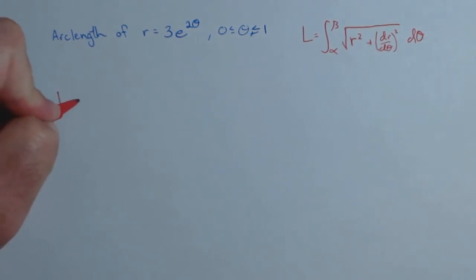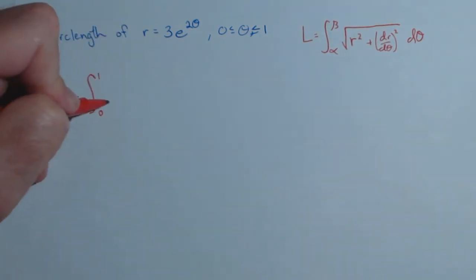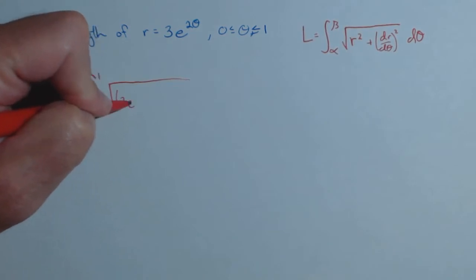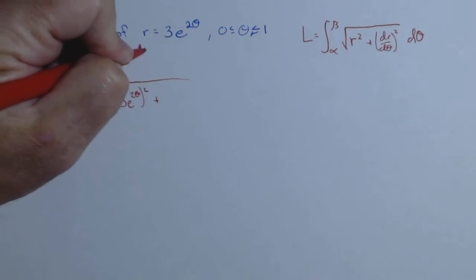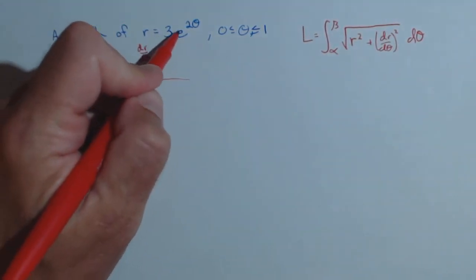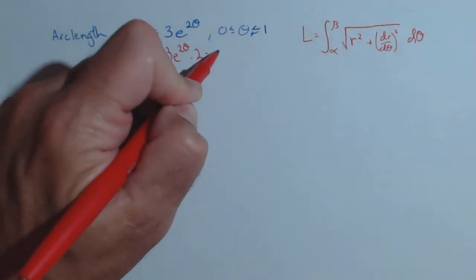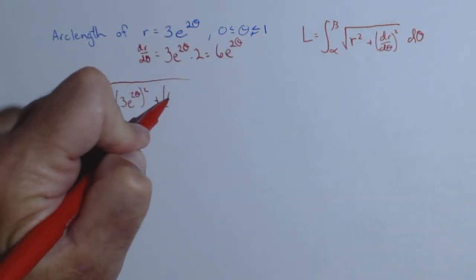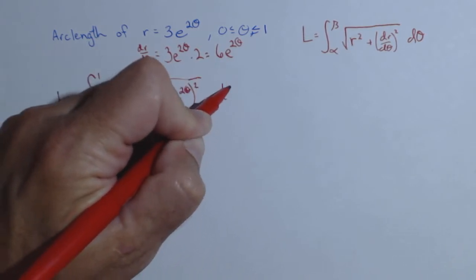So L is, we already know α and β are 0 to 1. And then we're going to have the square root of (3e^(2θ)) squared plus, we need the derivative of this, so dr/dθ is going to be 3e^(2θ) times 2, or 6e^(2θ). So (6e^(2θ)) squared dθ.